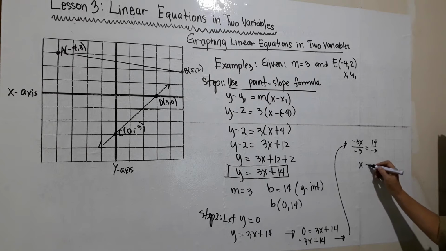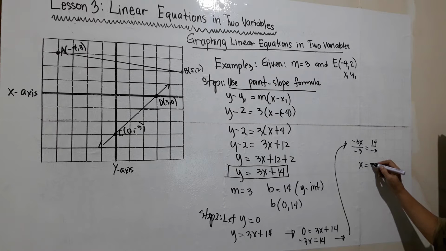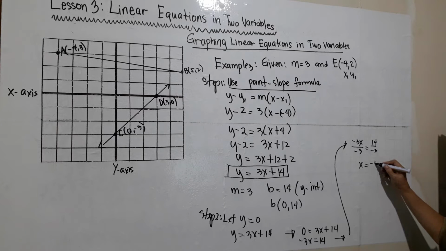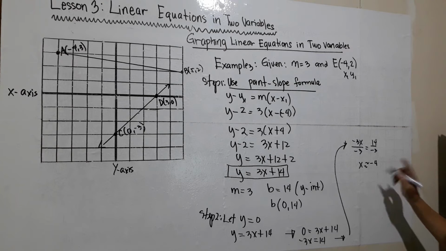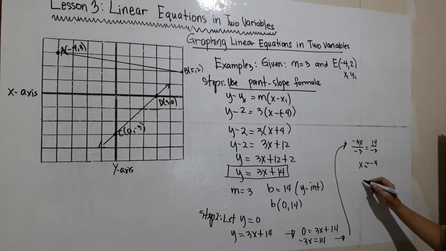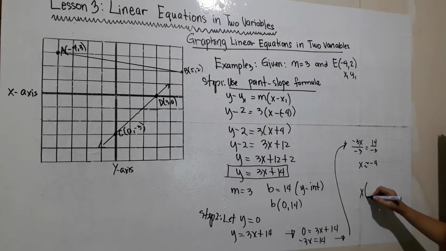So x equals 14 divided by -3, which is somewhat -4 something. It's about -4, so let us round that off to -4. So the x-intercept should be -4 and 0.